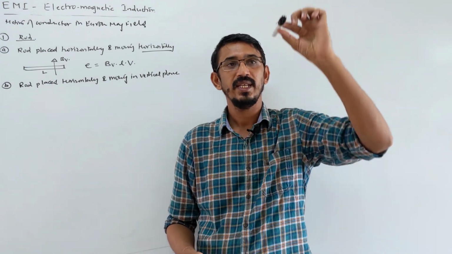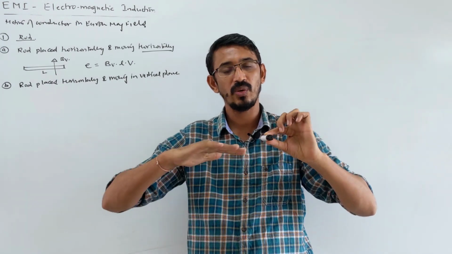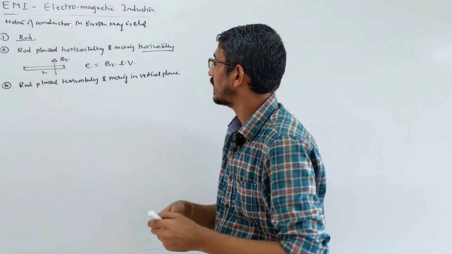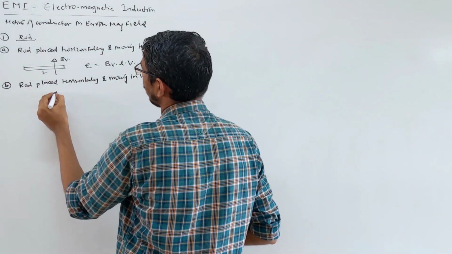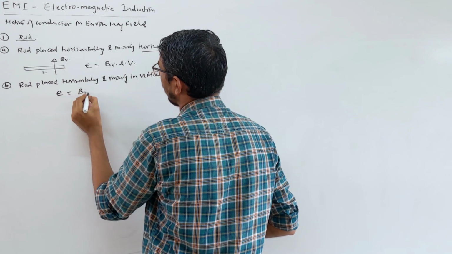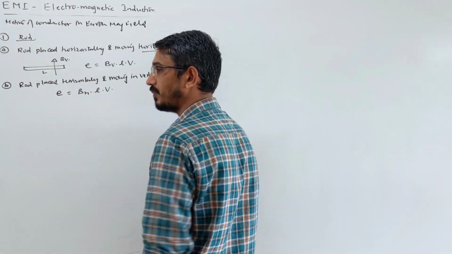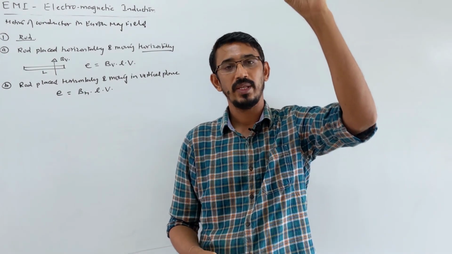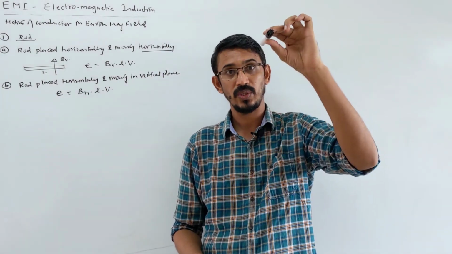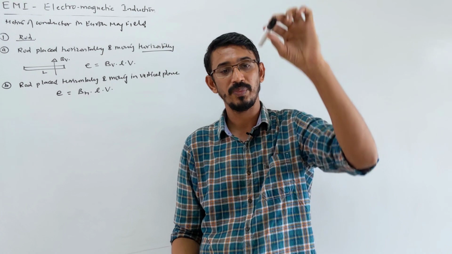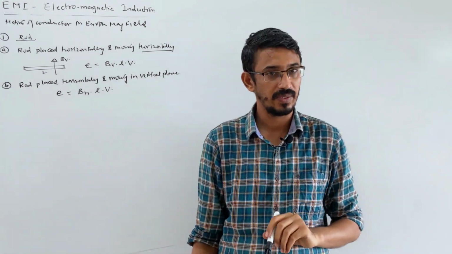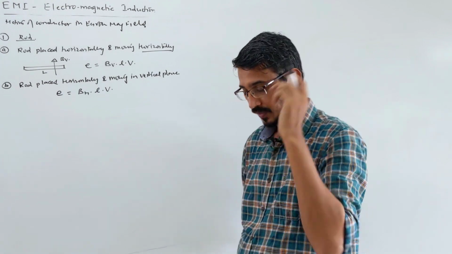In this case it will cross the horizontal component of Earth's magnetic field. So how will you write the formula? E will be B_H times L times v. You can drop the rod this way, placed horizontally, and when dropping it, it will cross the horizontal component of Earth's magnetic field. This is the rod example.